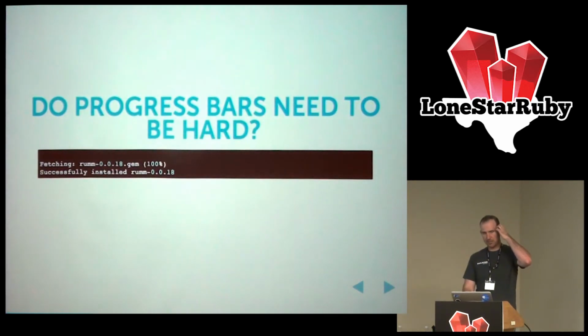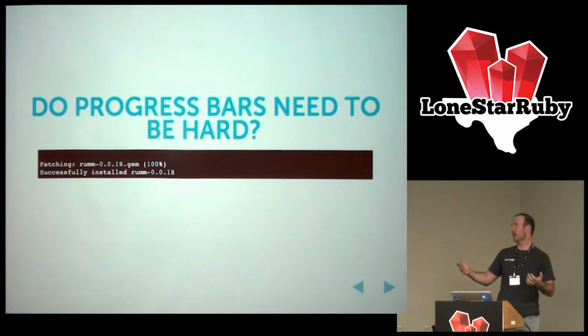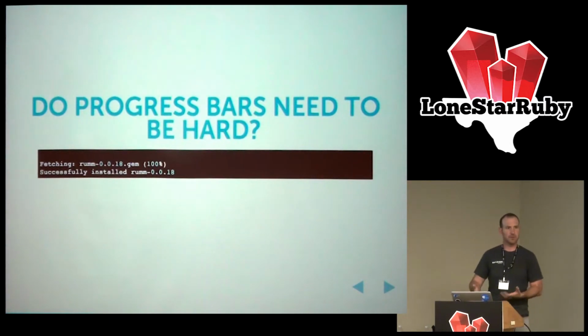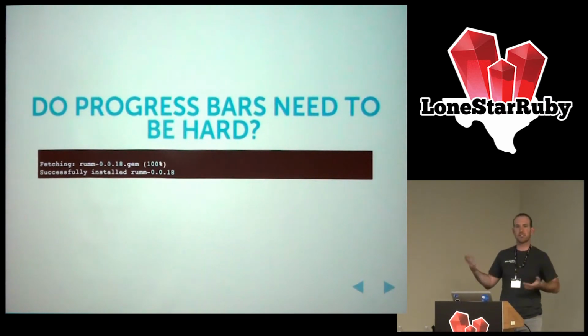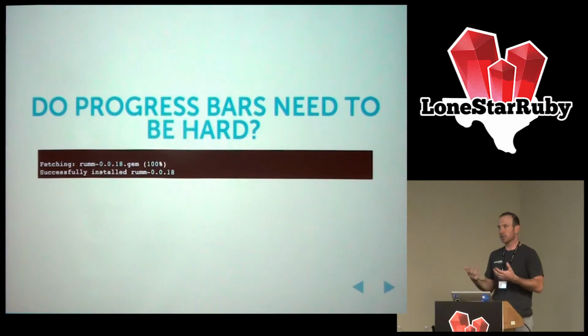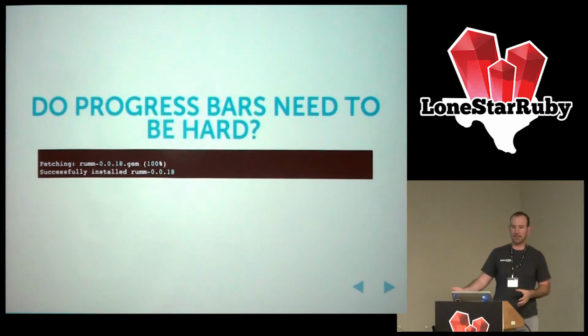The other thing is when you want to do things like progress bars. I love the RubyGems interface. When you install a gem, as it's fetching, it shows you its progress. This is a basic UI principle: if you're going to block for more than 600 milliseconds, you really ought to be providing some sort of feedback to the user so that they know that you're still doing something, and, most of all, that they're in control of their workspace.